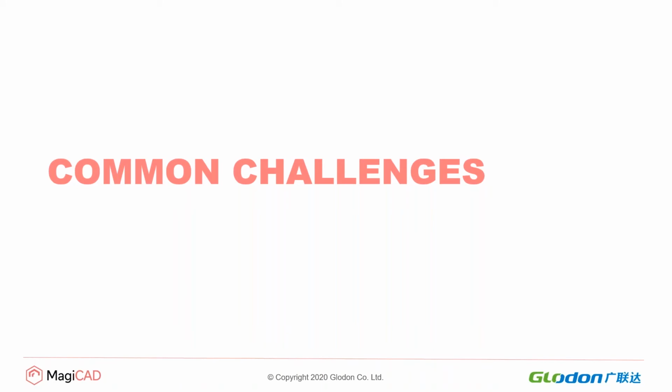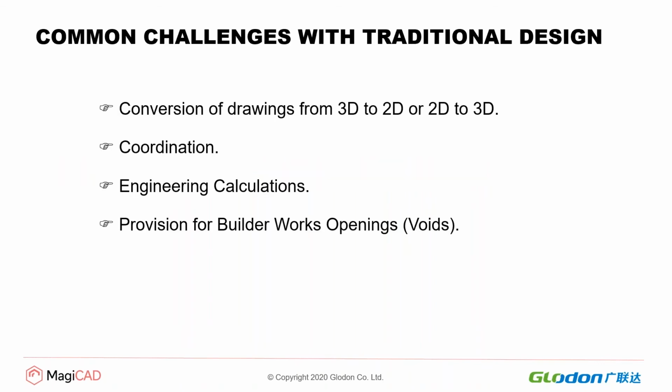Let's move on to our next topic today: what are the common challenges that we are facing with the traditional design and also BIM. Even when implementing BIM, we can suppress some of the challenges, but not all of them. The first point here is conversion of the drawings.